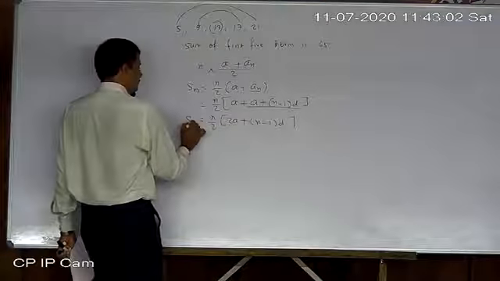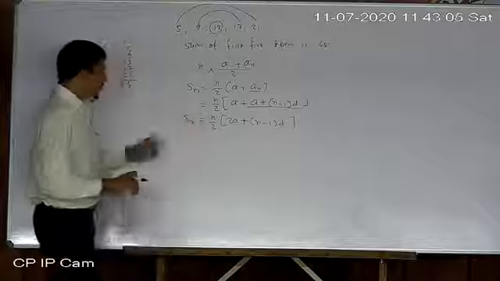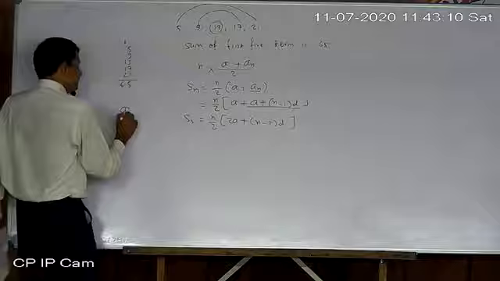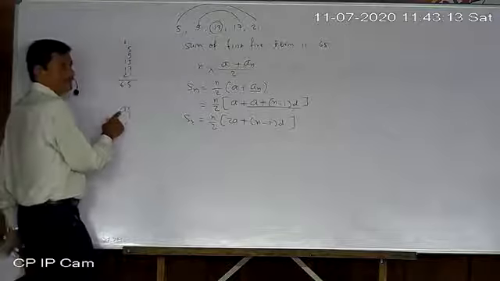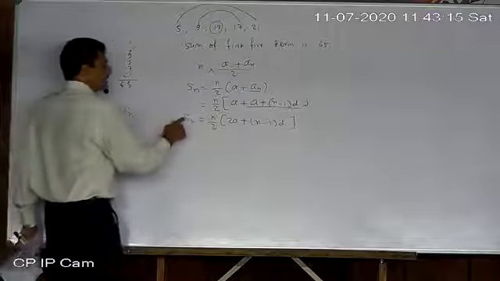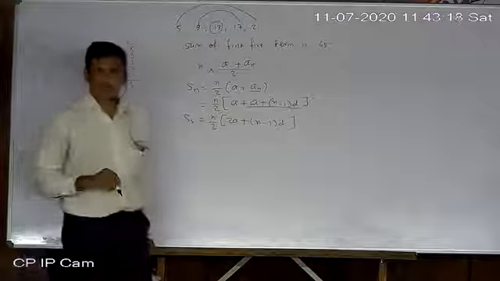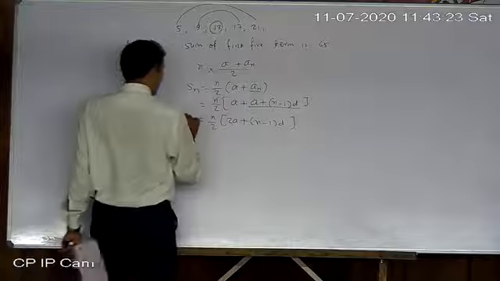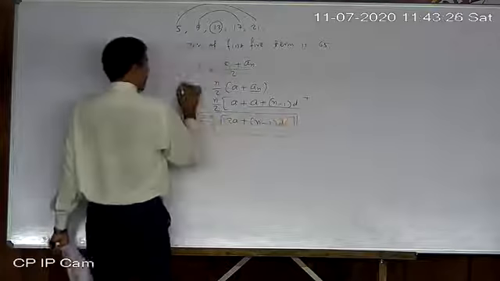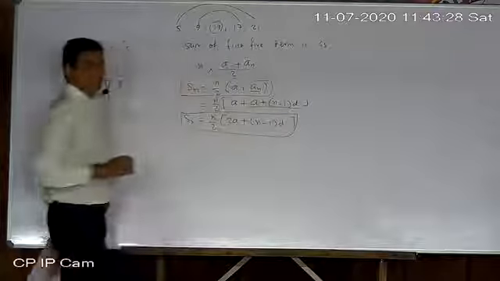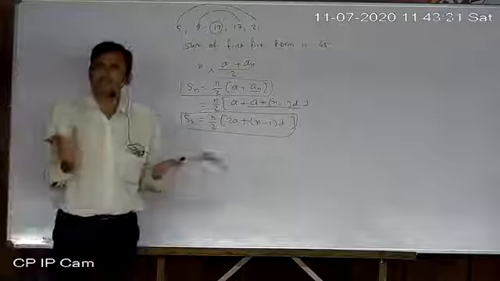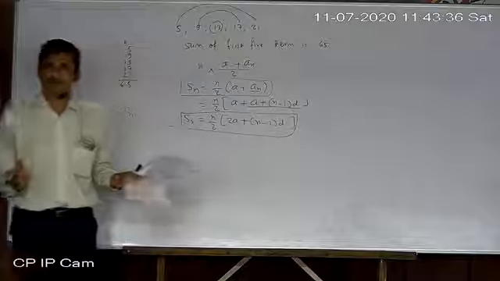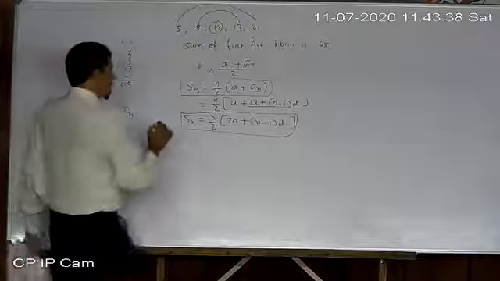You have to remember Sn stands for the sum of the first n terms. An stands for the value of the nth term only, but this is the sum, capital S for sum of the first n terms. So you have to remember either this or this, otherwise both are actually the same. Both are not different, just the appearance is different.